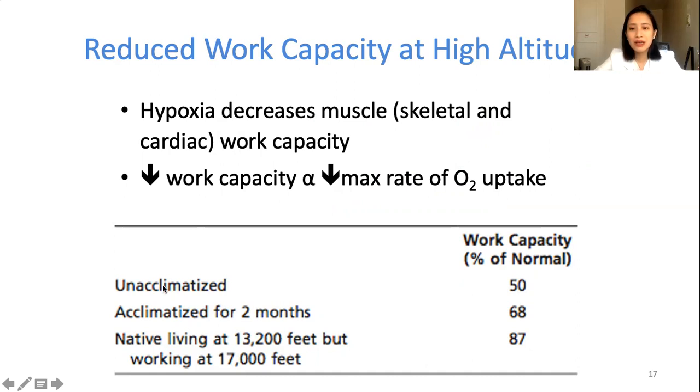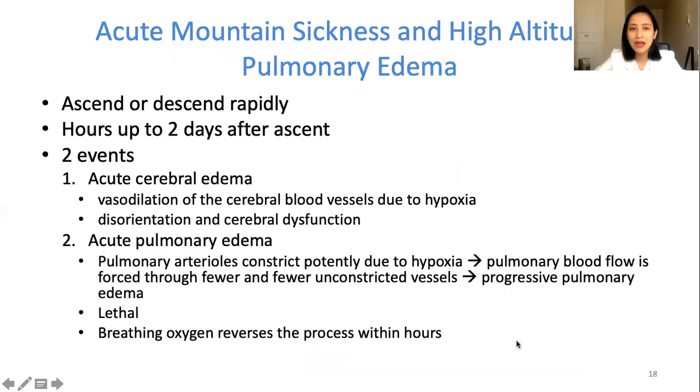So if you are a non-acclimatized person, because of the hypoxia, your work capacity would be just 50% of your normal. But once you start acclimatizing for about 2 months, your work capacity increases because your body has tried to compensate for the hypoxia. And if you're a native living at 13,200 feet but working at 17,000 feet, your work capacity is even higher.